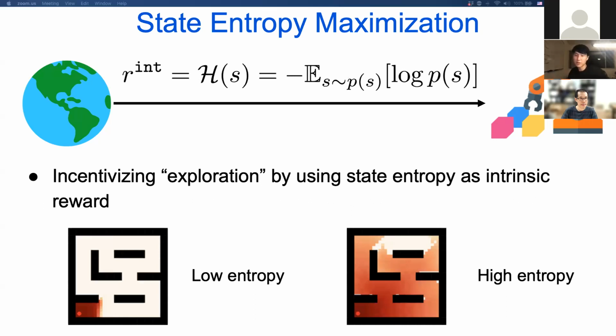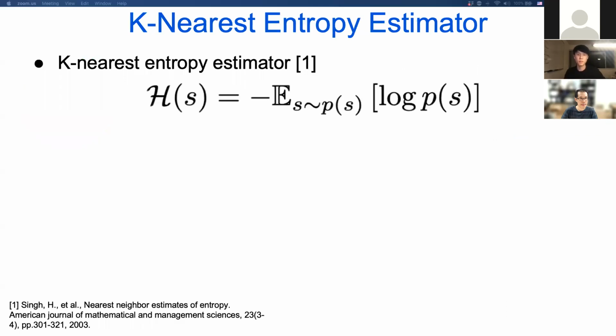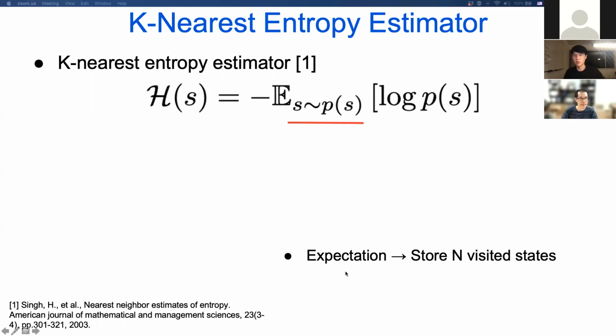However, the challenge here is that measuring the state entropy is computationally intractable. So to handle this intractability, we use the k-nearest neighbor entropy estimator proposed in 2003. First, because it is hard to compute the expectation, we store visited states in a buffer to approximate the expectation, which basically corresponds to sampling.